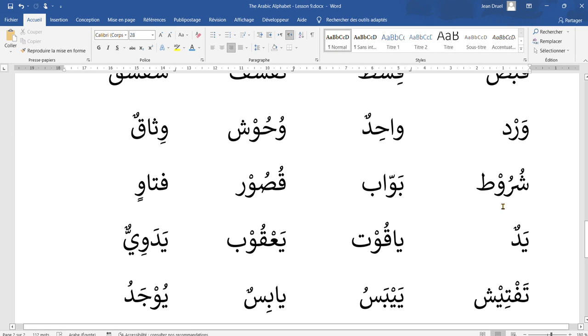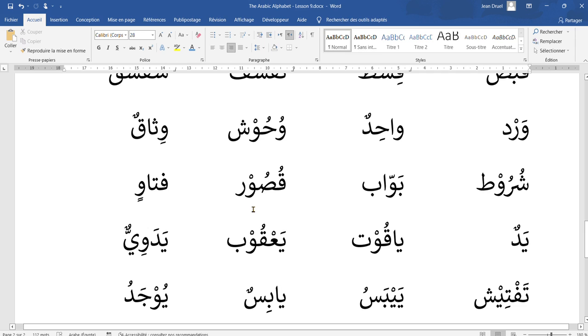Here I have the waw preceded by a dhamma, carries a sukun, so this one is a long oo, shurut. Here the waw is followed by an alif, so it has to be a consonant, and it is doubled by the shadda, so it goes bawab.